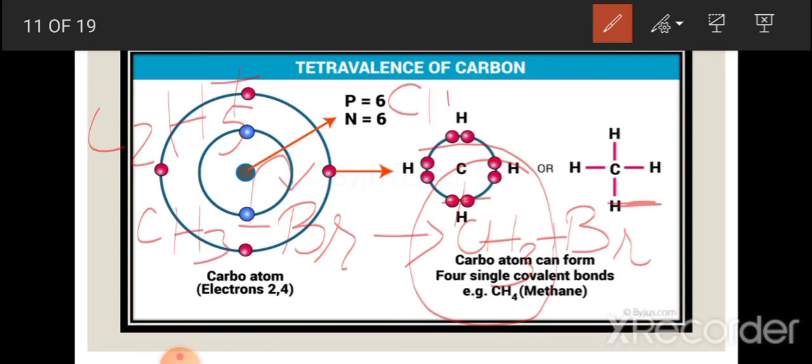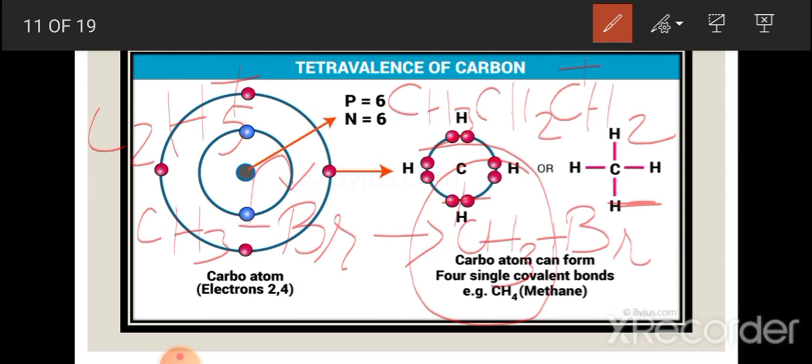If I write CH3CH2CH2 plus, this is a normal propyl carbocation. Now let's see the classification of carbocations.